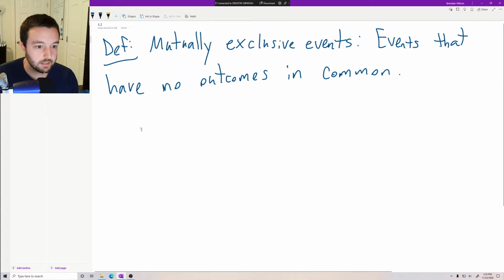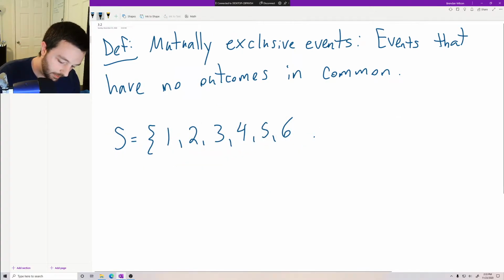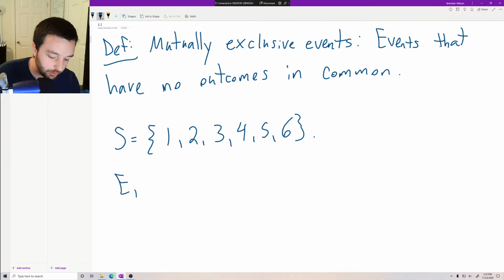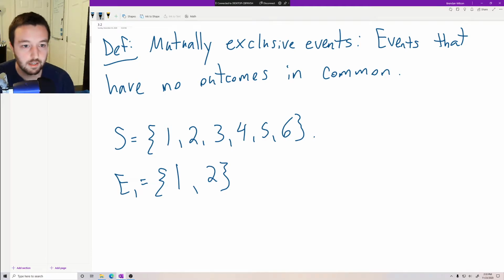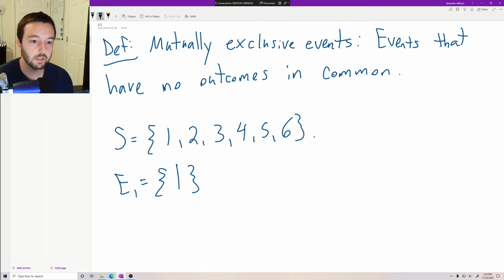If we just copy this, so this is the rolling a die one. So this is one of our sample spaces. Well, let's say our first event, we'll call it E1, is the event that we roll a 1.